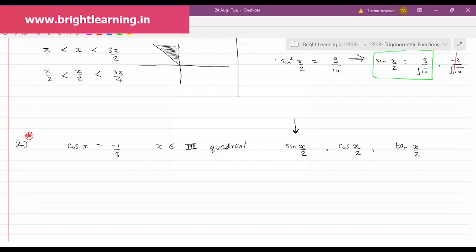Harini US, wrong. Dhananjay, at least you got the value correct, meaning magnitude wise it is correct, but a silly mistake is there. Harini US, your value is some really absurd value. It's nowhere near the answer. Pujita also nowhere near the answer. Sin x by 2 I'm asking, okay.